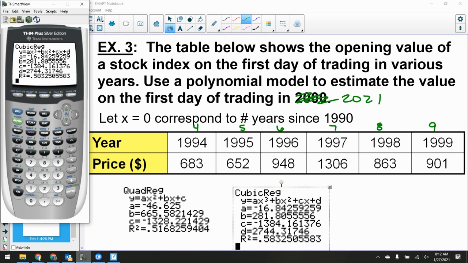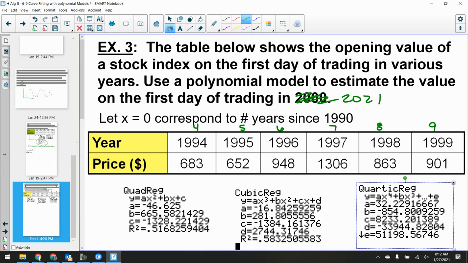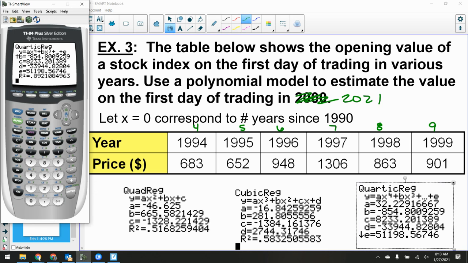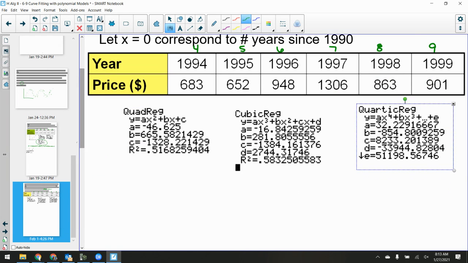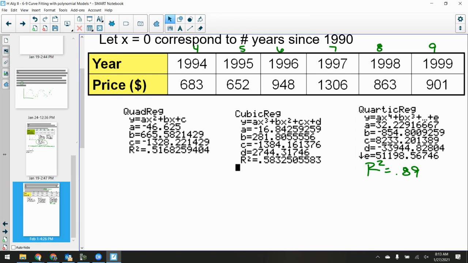Stat calc 7. Let's see the R squared value. Okay, that's respectable, 0.89. Looks like I'm going to be using the quartic regression again. R squared was 0.89, so that's why I want to use quartic regression, because of the good R squared value.